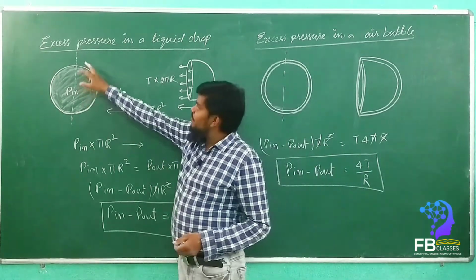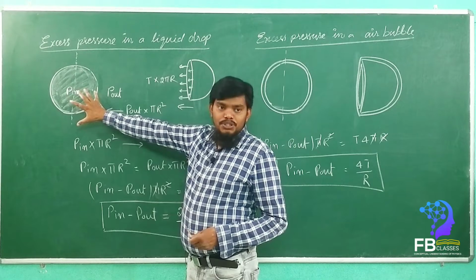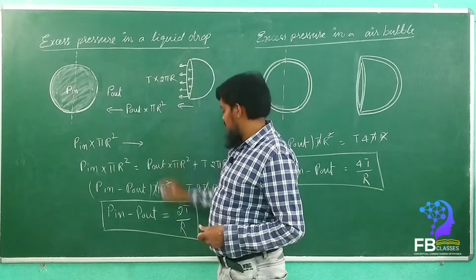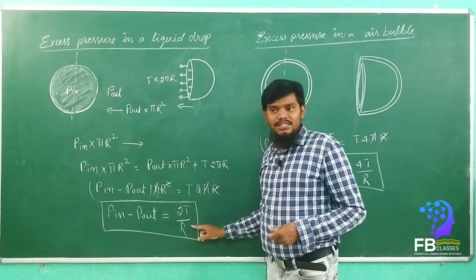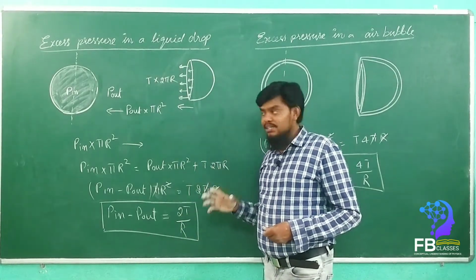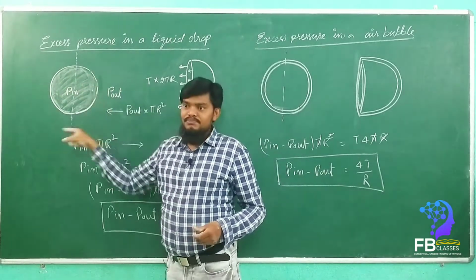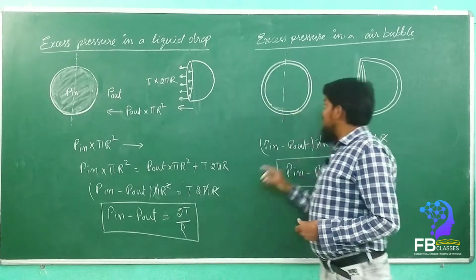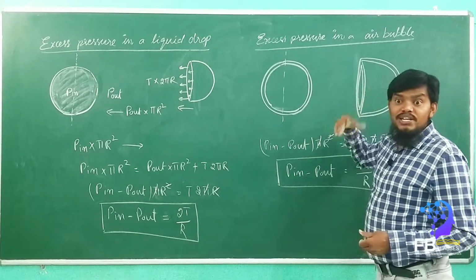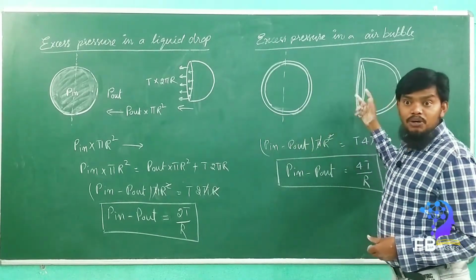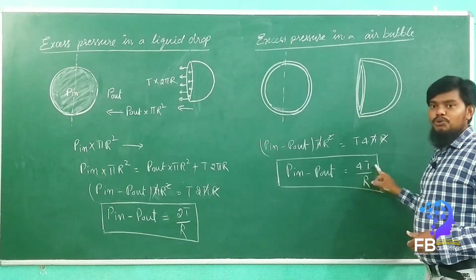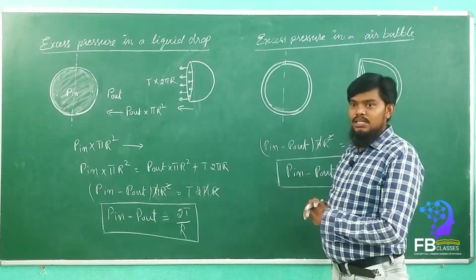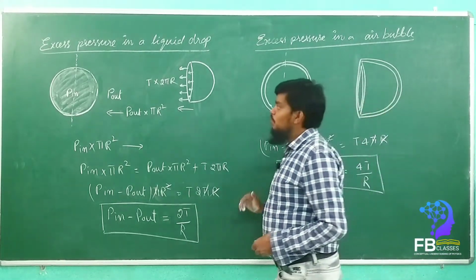Instead of memorizing that the excess pressure in a liquid drop is 2T by R, memorize it this way: if only one surface is there, then the excess pressure is 2T by R. If two surfaces are there, as in the air bubble, it will come as 4T by R. Got it? Do you understand, everyone? Yes or no?